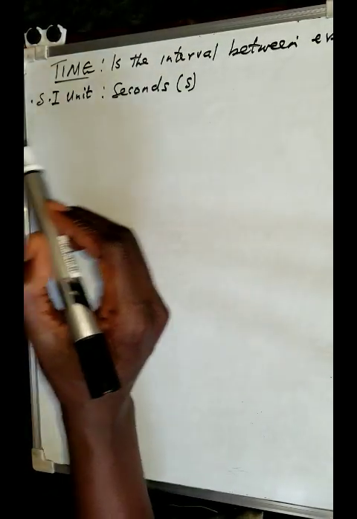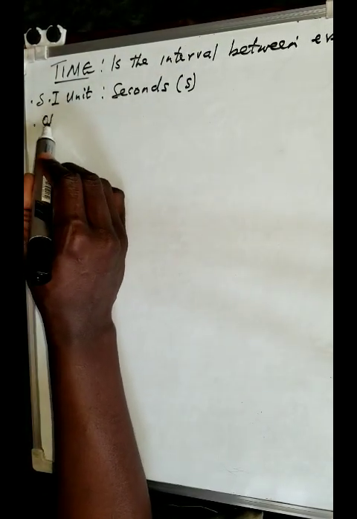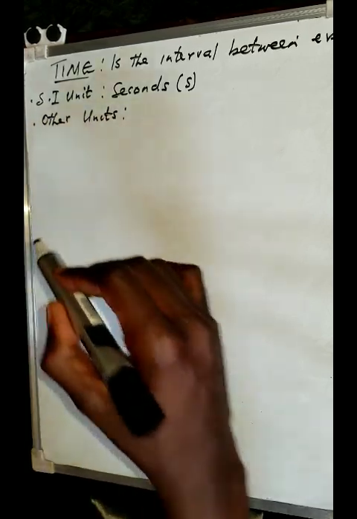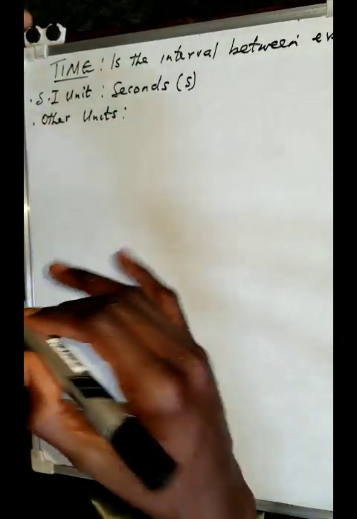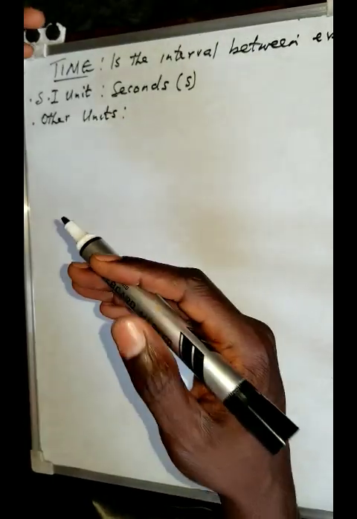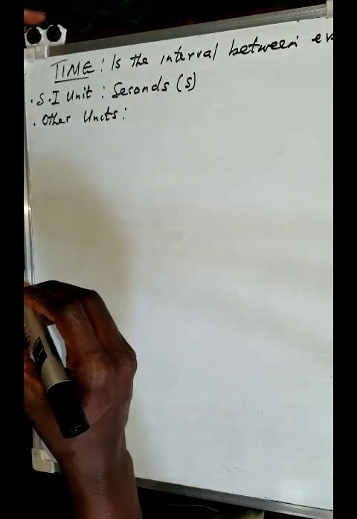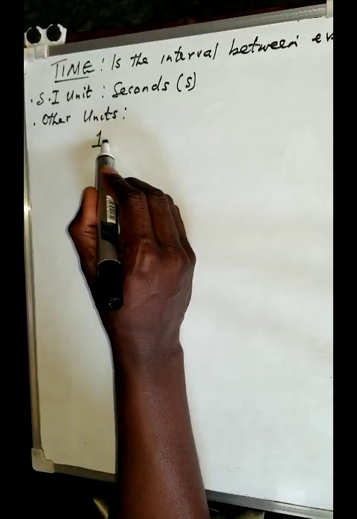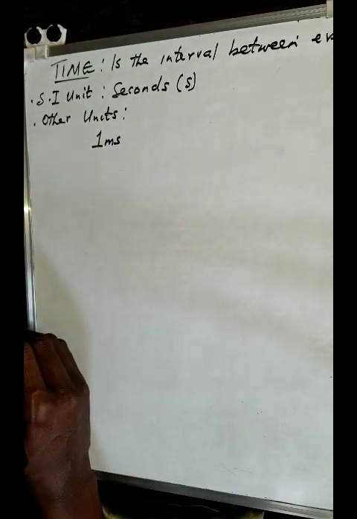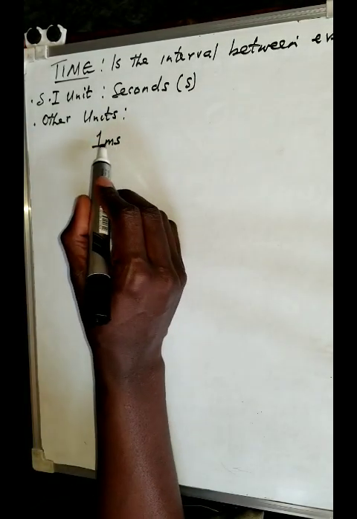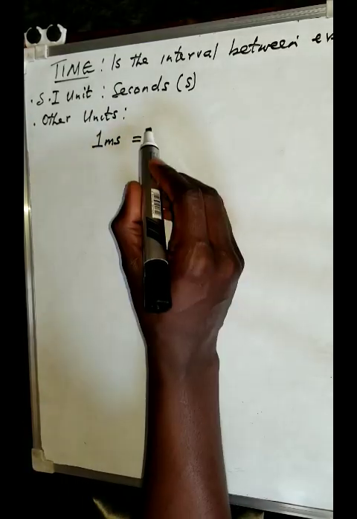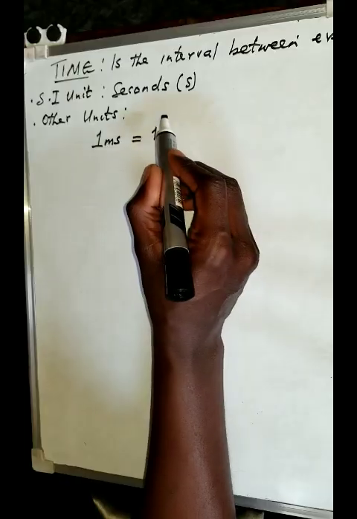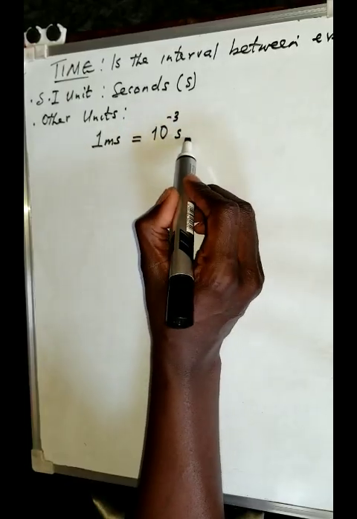But of course, there are other units that we can use for time, depending whether the time is too big or too small. But in most cases, you may be dealing with units that are actually smaller, such as what we called as being ms, that is representing millisecond. And if you remember, 1 millisecond is equal to 10 raised to the power negative 3 seconds.